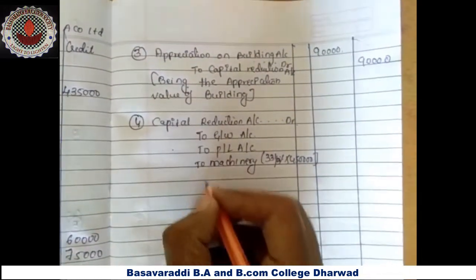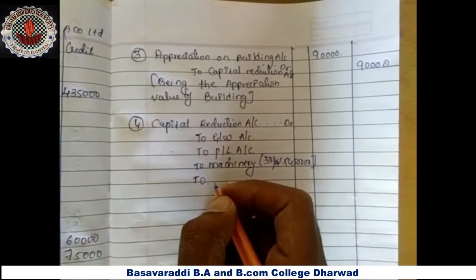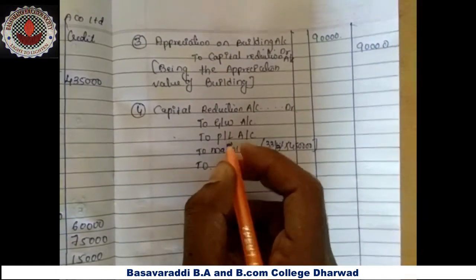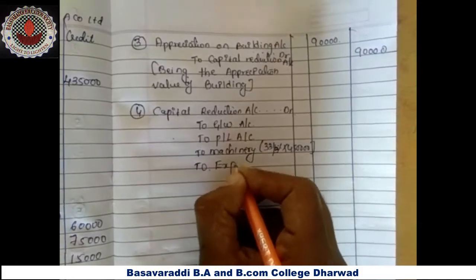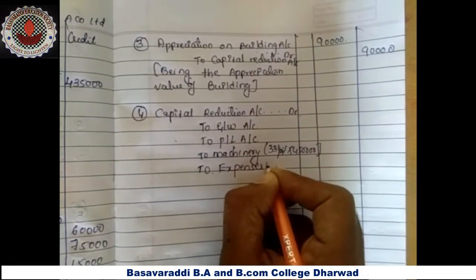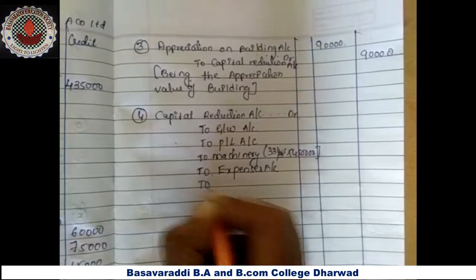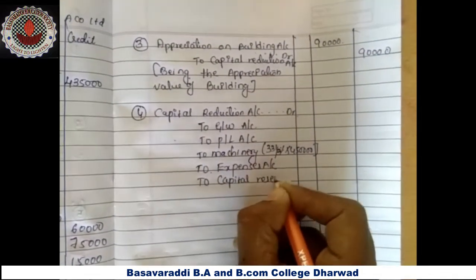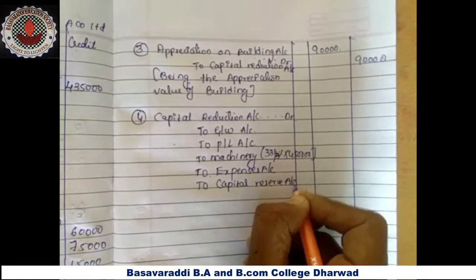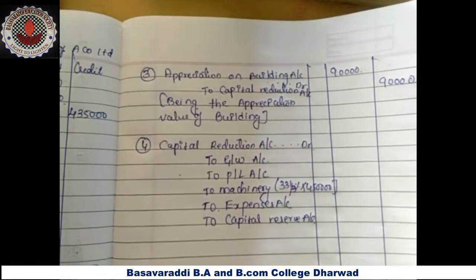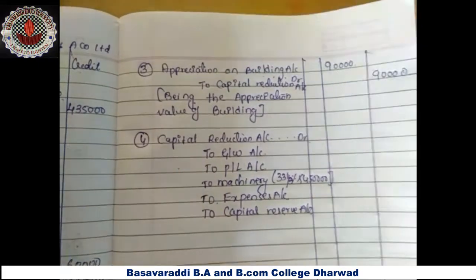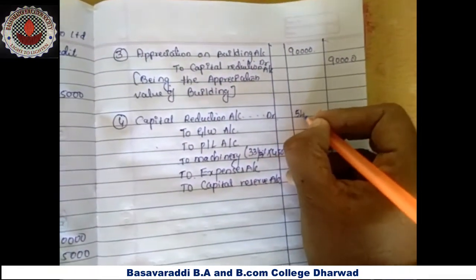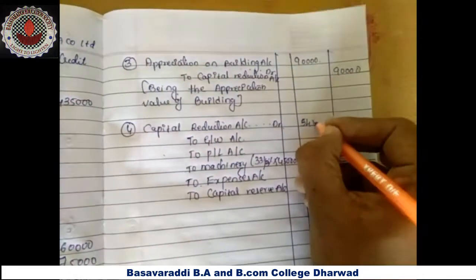Next to expenses account, expenses on reconstruction. Expenses account. The difference amount we have to transfer to the capital reserve account. Total capital reduction amount is equal to 5,40,000.